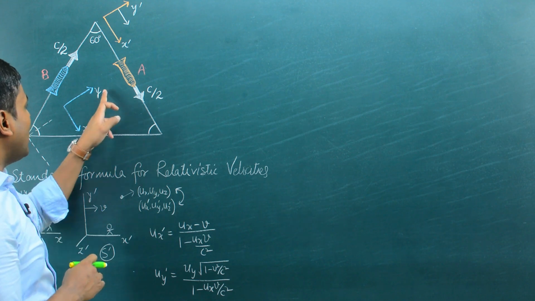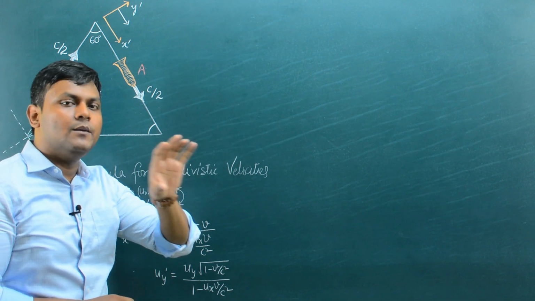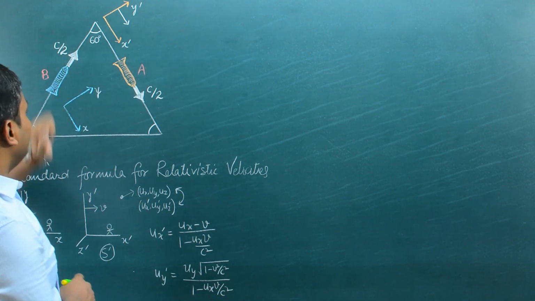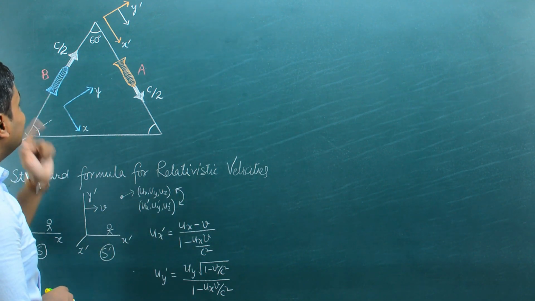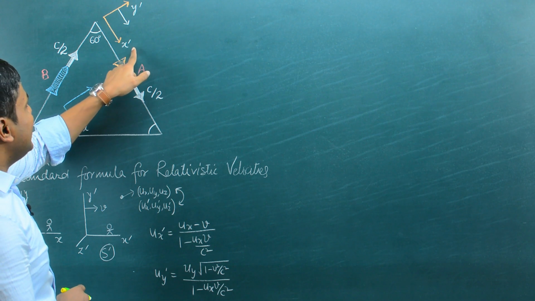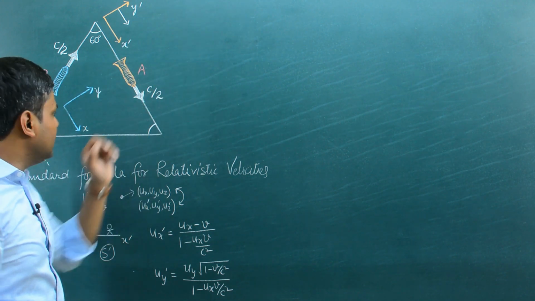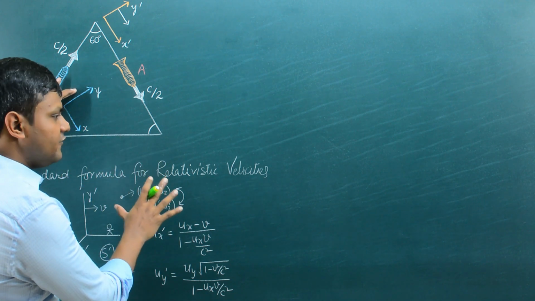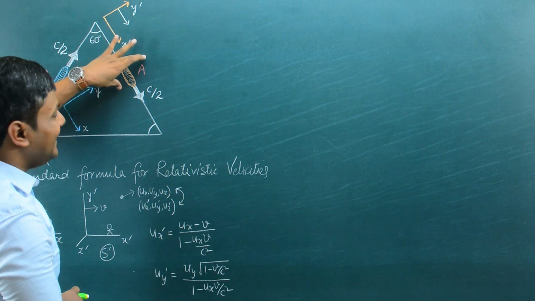This is the XY frame of reference, which is essentially the board frame of reference or the laboratory frame of reference with respect to which both these objects are moving at speed c by 2. And this is the frame of reference x dash, y dash axis, which is associated with A. So this frame of reference is associated with the laboratory or ground frame, and this frame of reference is associated with A.